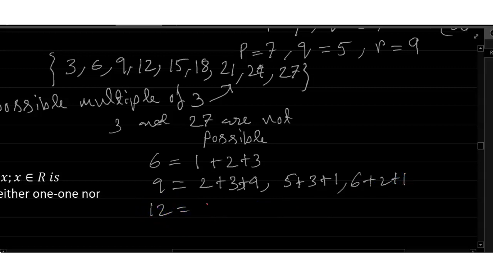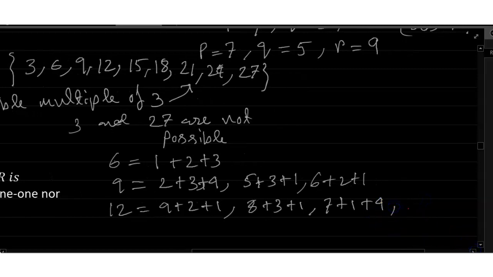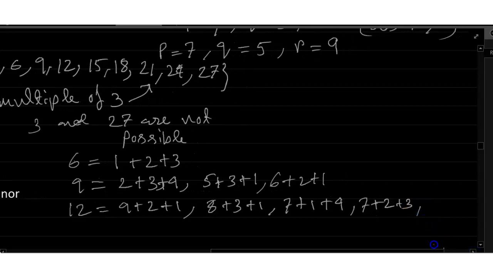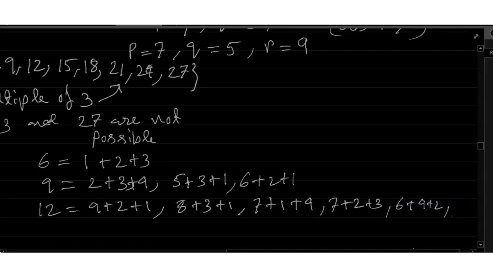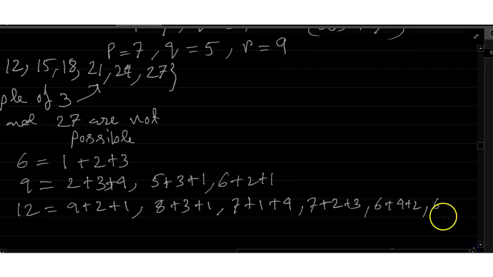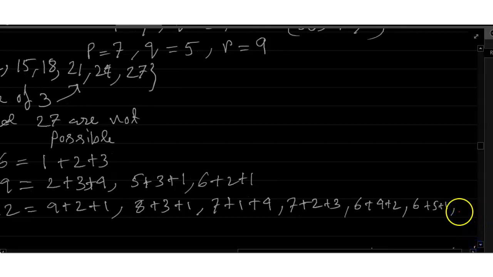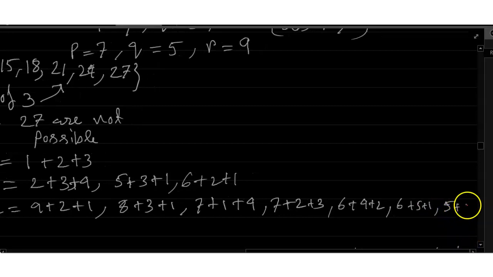12 equals to 9 plus 2 plus 1, 8 plus 3 plus 1, 7 plus 1 plus 4, 7 plus 2 plus 3, 6 plus 4, 6 plus 5, 5 plus 4 plus 3, this way.